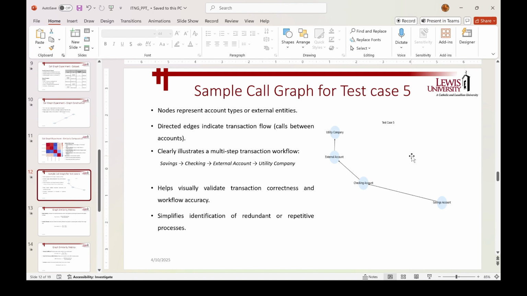Each node represents a distinct banking component, while directed edges demonstrate the exact flow of function calls and interactions. Analyzing such graphs visually helps validate the logic of each transaction, identify potential redundant operations, and ensure the test case aligns accurately with real world business logic. This visualization provides an intuitive method to evaluate test quality and structure.